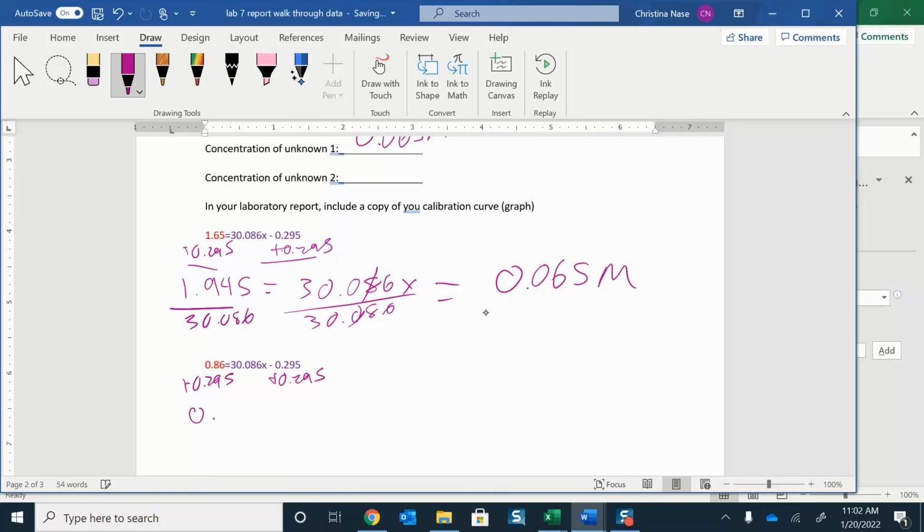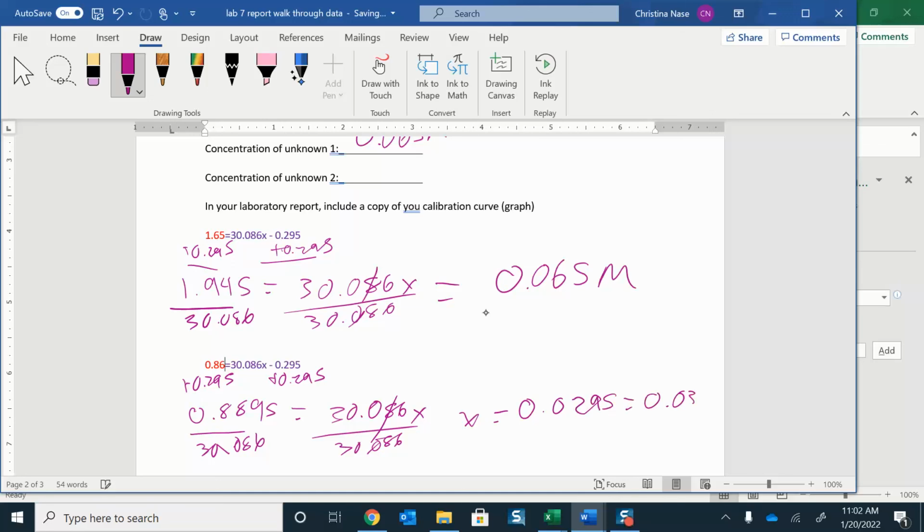End up with 0.8895 equals 30.086x. Now divide by 30.086. So I end up with x is equal to, I got 0.0295, which I'm just going to round to 0.030 molar for my second one.